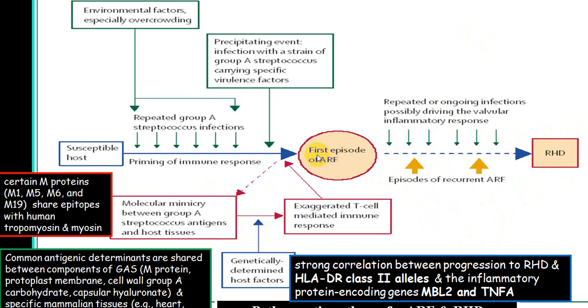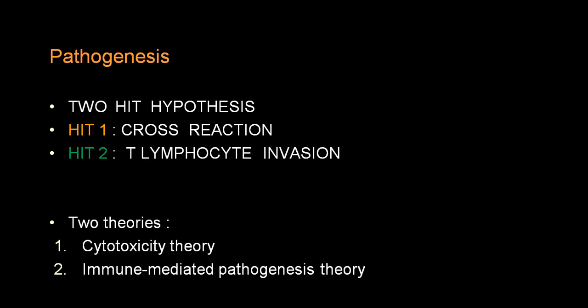Now, because of production of an antibody, that antibody is recognized as an autoantibody and will combine with different structures like heart, brain and joints and end up with rheumatic fever. There are two hypotheses put forward.